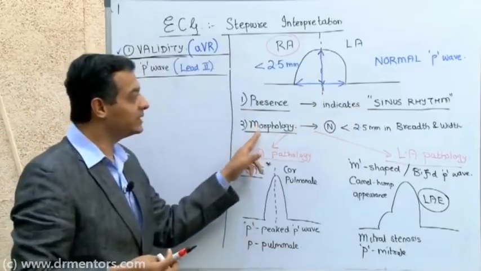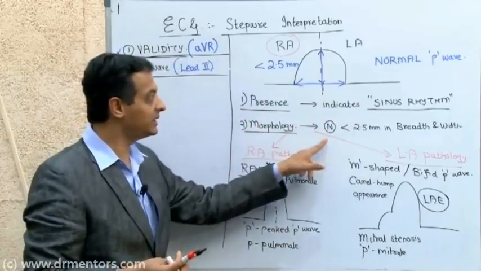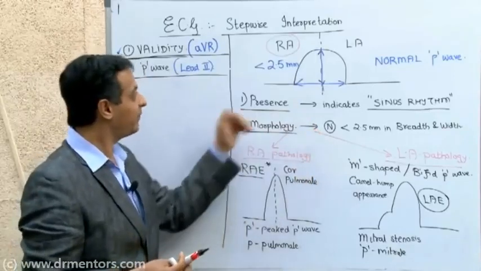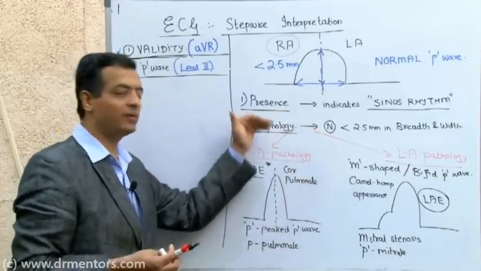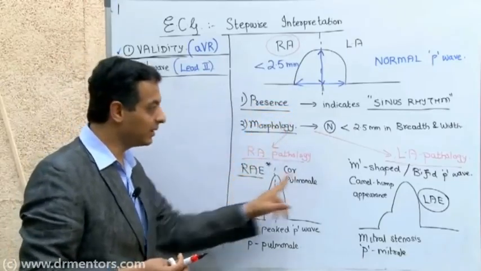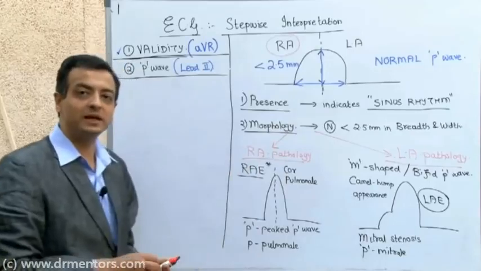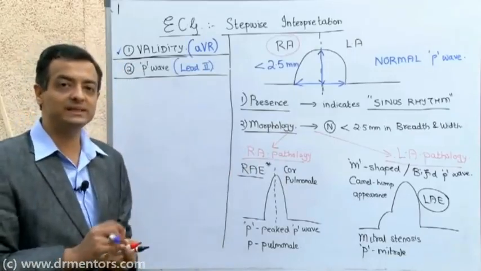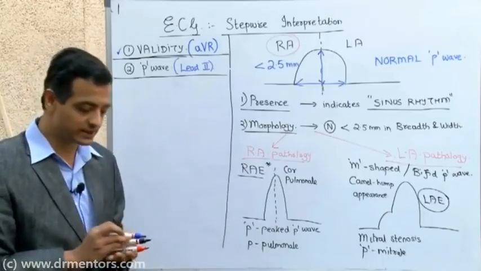The P wave is normal in morphology, indicating normal atrial chamber. If there is abnormality, we know what it is: absence of P wave, right atrial enlargement, or left atrial enlargement can be picked up. Diagnosis can be given on the basis of these morphological changes.